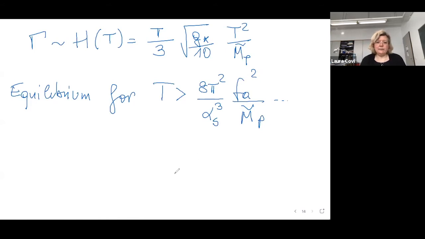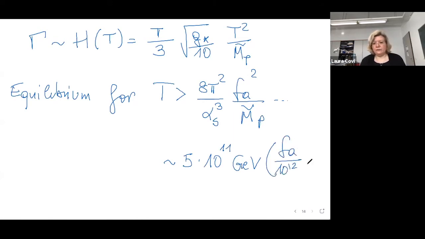So if you plug in numbers, you get something of this type: 5 times 10 to the 11 GeV, f_a over 10 to the 12, squared. Okay, so if you have f_a in the intermediate scale, you can obtain an equilibrium distribution of axion if you are at sufficiently high temperature.